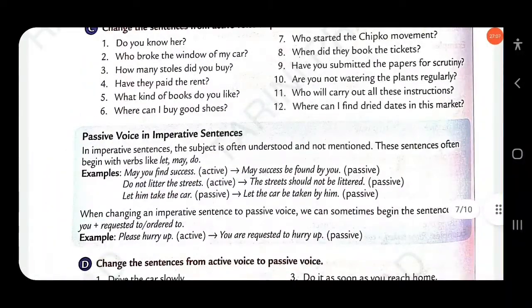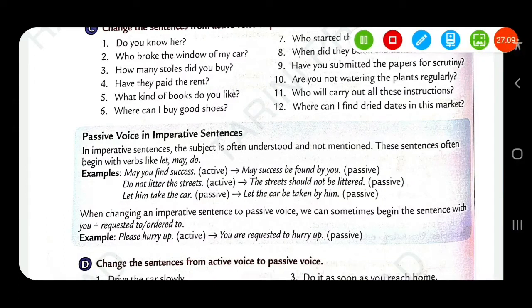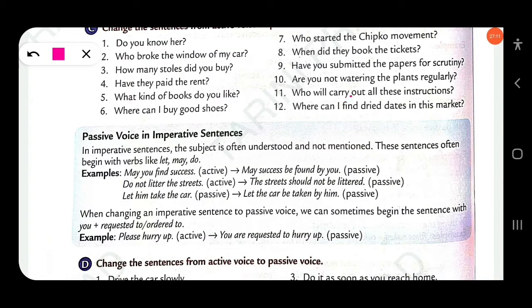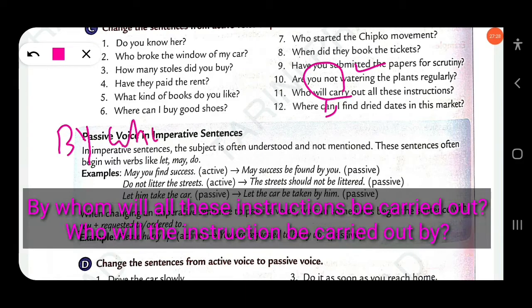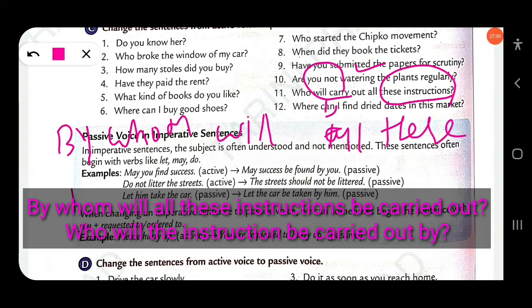Then next question here, who will carry out all these instructions? Here simple future is used, that means a modal. Passive can be formed in two ways. You can also write here by whom. By whom will all these instructions be carried out?